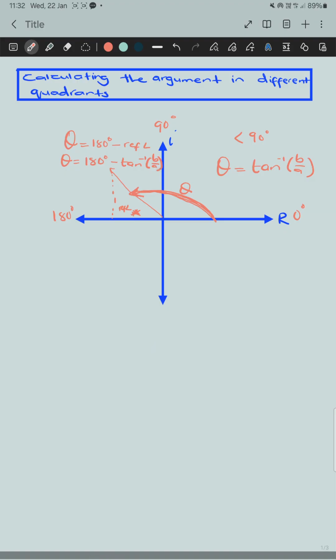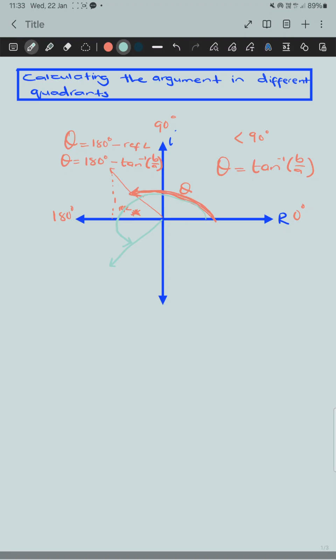If I go to quadrant number 3, the same thing happens. Now, there is my vector for my complex number. My argument must start from the positive side of the real axis. So my angle will be this. See? Way bigger than 90, between 180 degrees and 270.